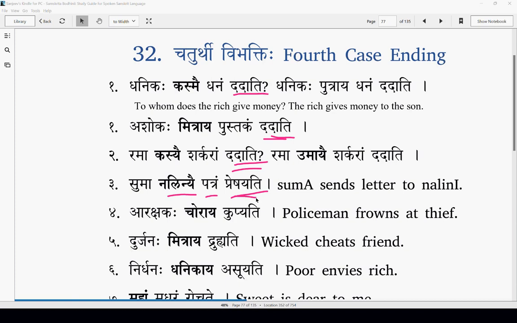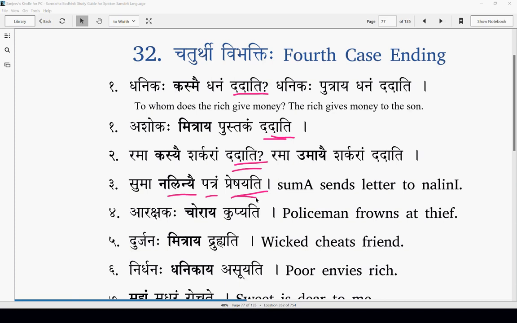Vitarati means distributing, like Patravahakaha patrani vitarati janebhyaha, for the people. I am using the Bahuvachana there, janebhyaha. So those are the words you can think of.